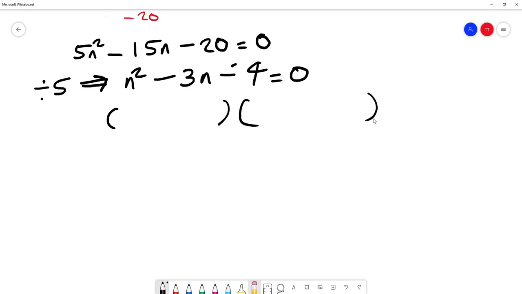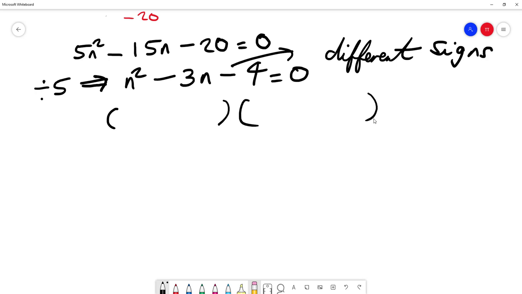The minus at the end means different signs. So we could write different signs here just to remind ourselves how to factorize a quadratic. So we get n in one bracket, n in the other bracket, and 1 is a minus, 1 is a plus. So we want to get minus 3, so we get minus 4 here plus 1 equals 0.